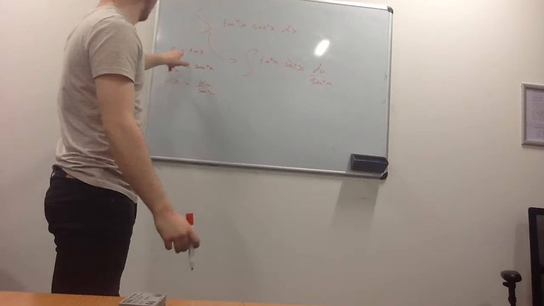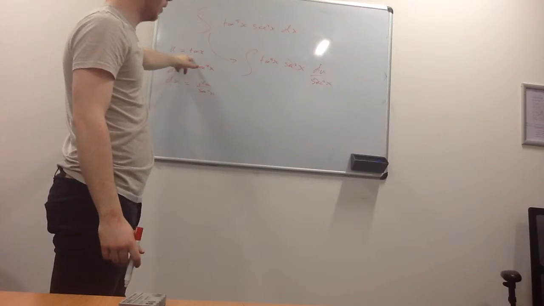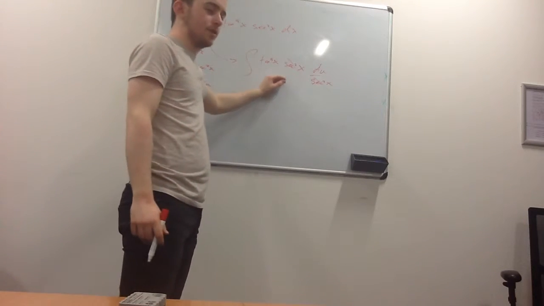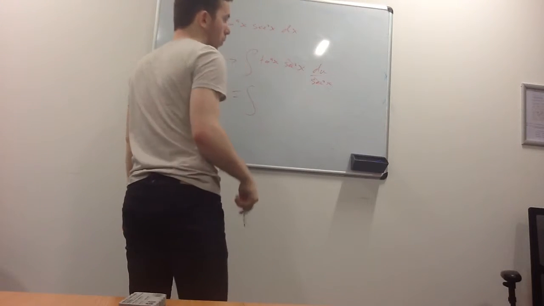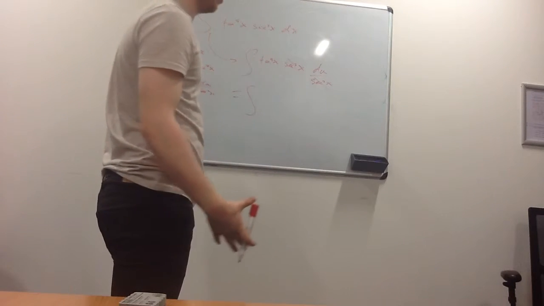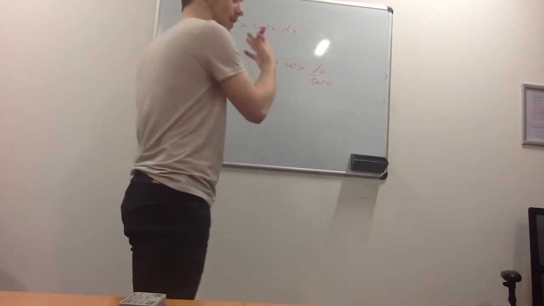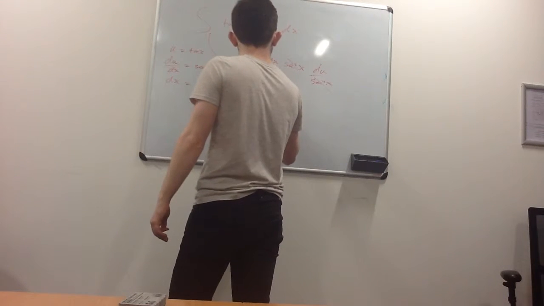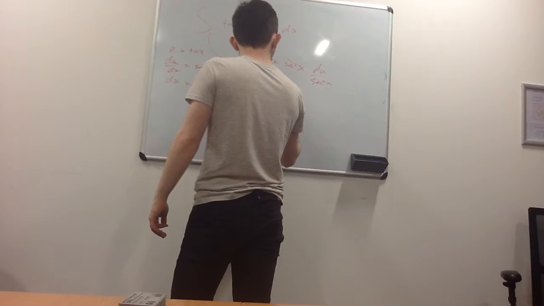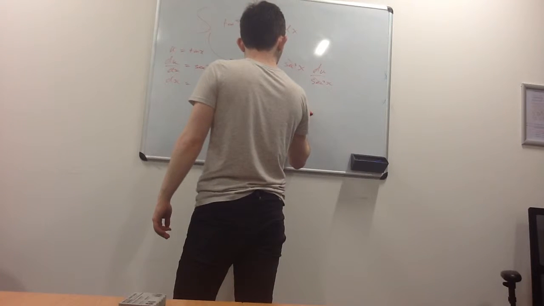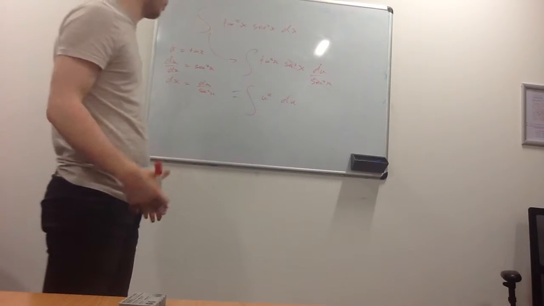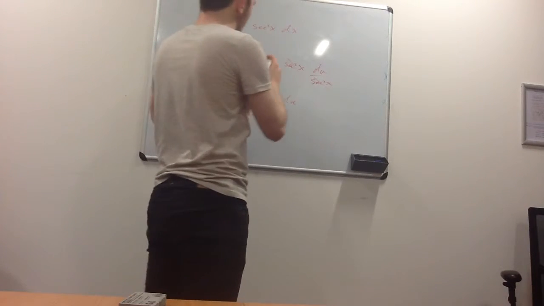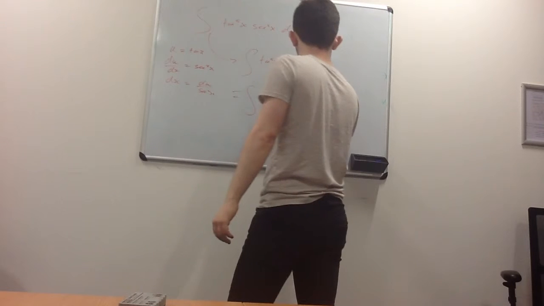And now I have a term which I can substitute in its own universe. So the whole point of this wasn't changing it to du. The whole point of this was making it simpler. And that is essentially what integration by substitution is. It's a skill of manipulating what you have so it's a simple equation.